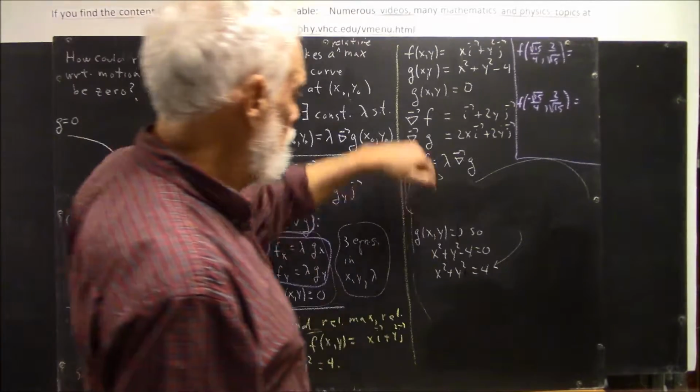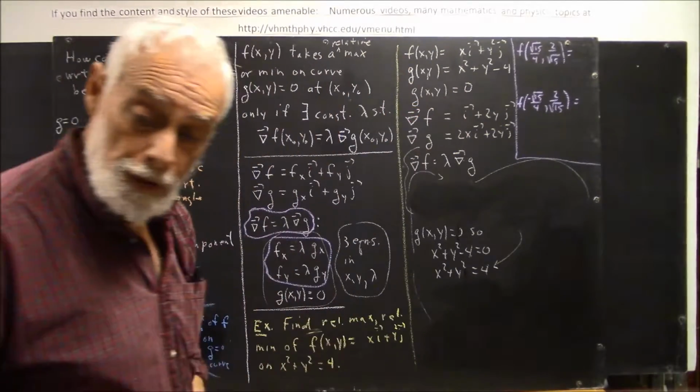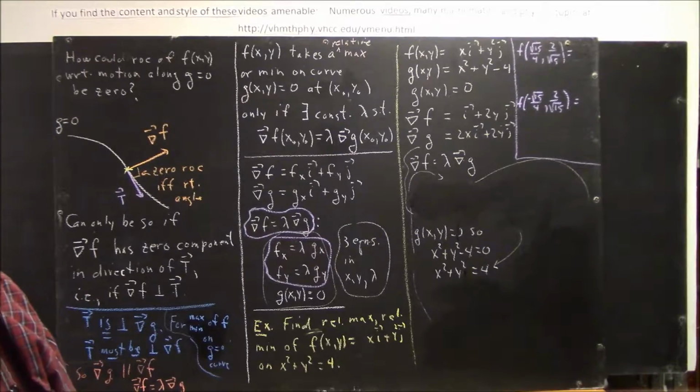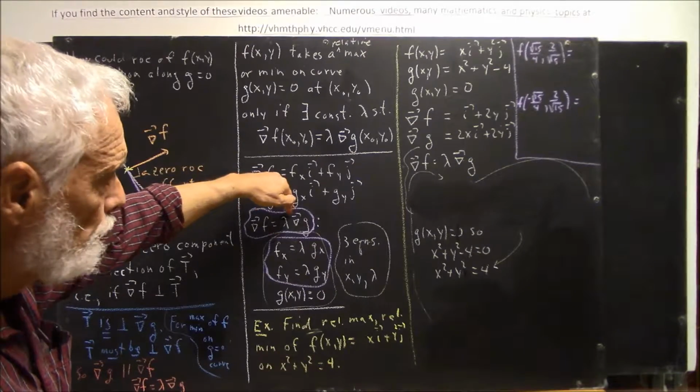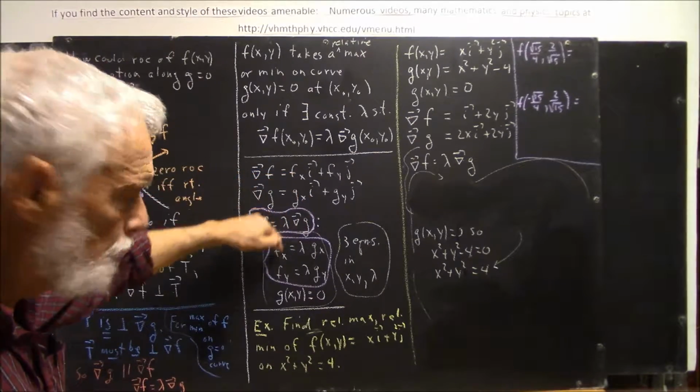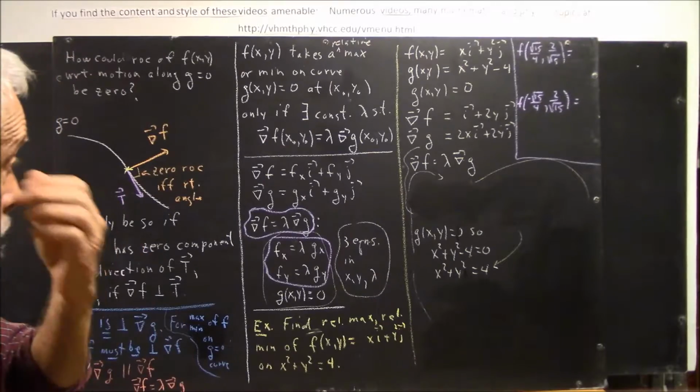Now, we have the condition that del f equals lambda del g. Okay, and I'm not going to write down these two equations here. I'm just going to write down del f equals lambda del g, because that's equivalent to writing down these two equations.